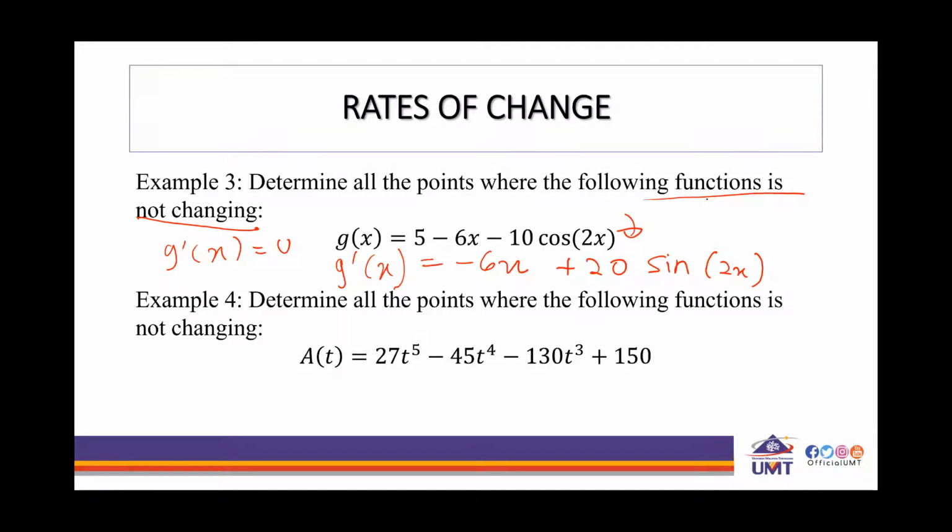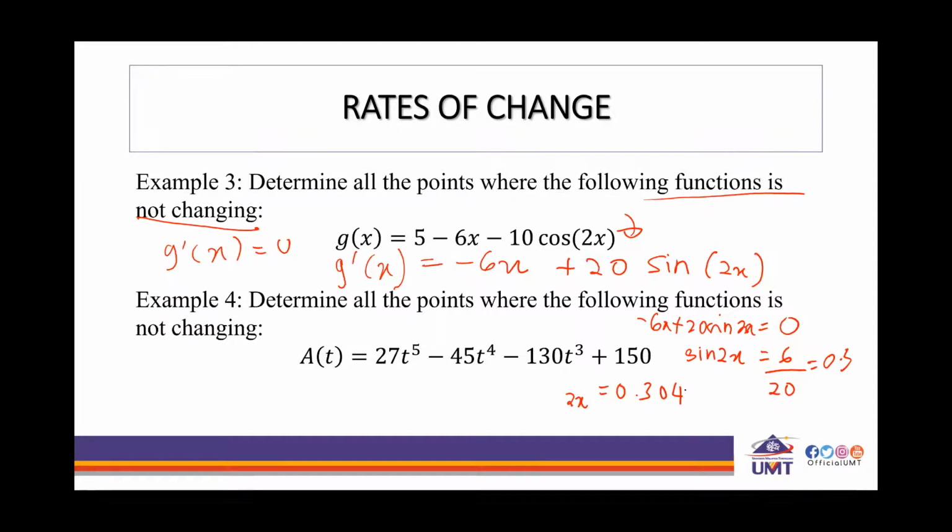So minus 6x plus 20 sine 2x equals 0. When you solve this, you will get 6 over 20 equals 0.3, so sine 2x equals 0.3.